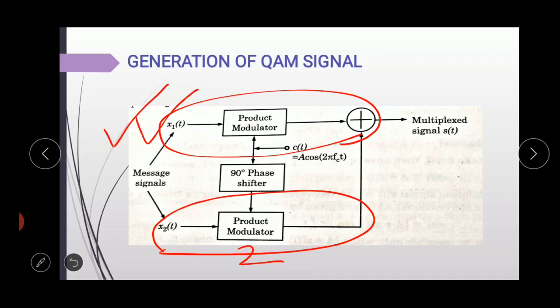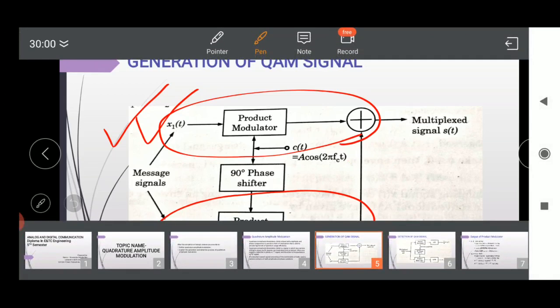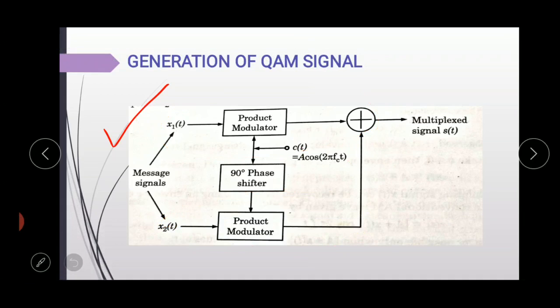Next, the outputs of the product modulators are added. So at the output of this adder, we get the QAM signal.